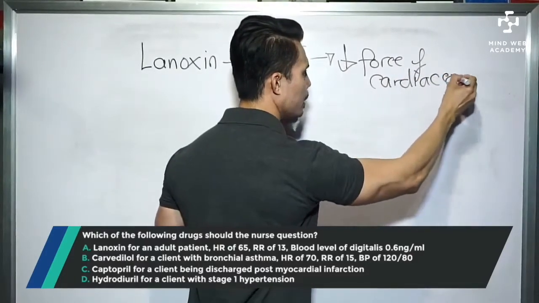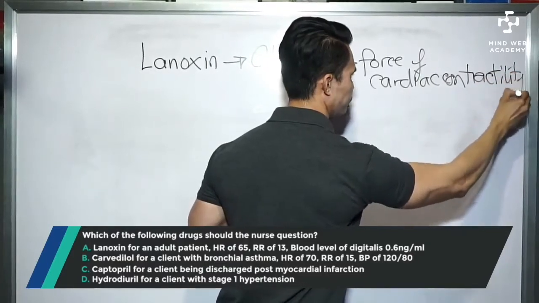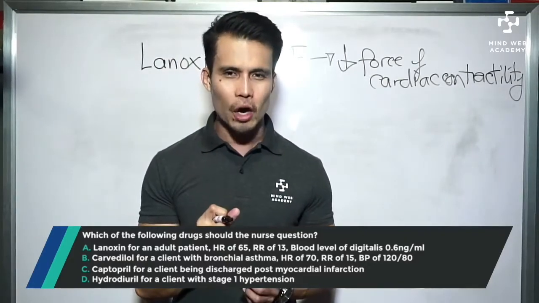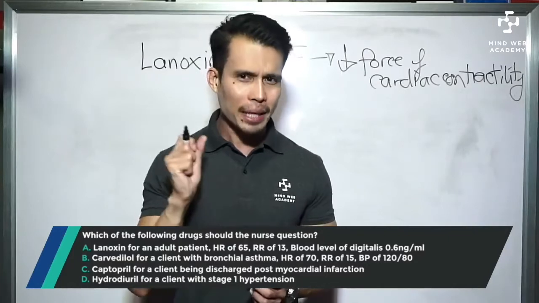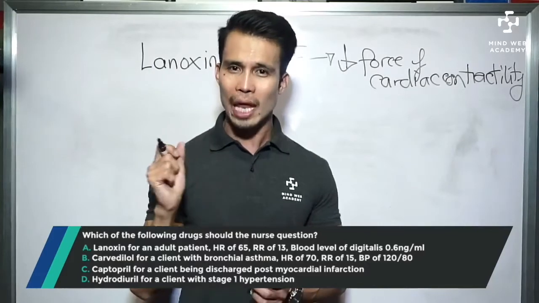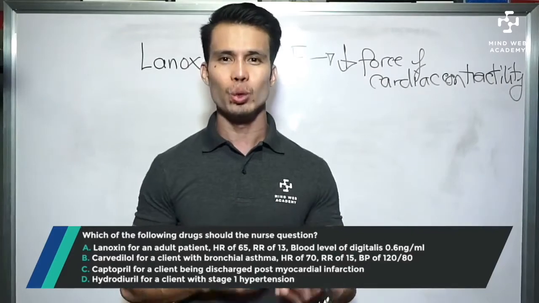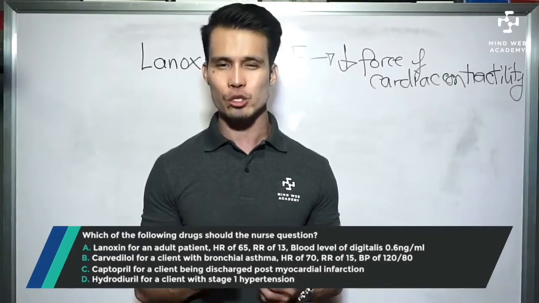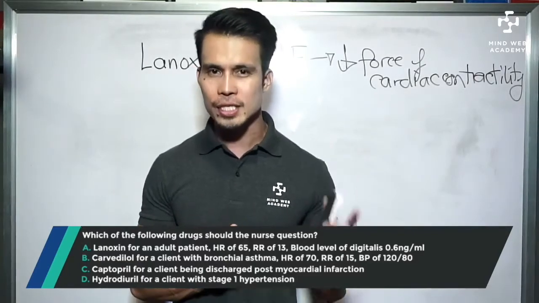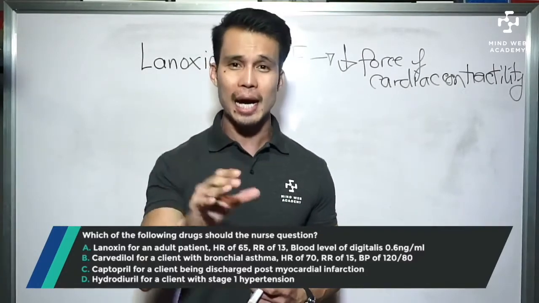In Tagalog, the myocardium contracts weakly. When it pumps weakly, the cardiac output will be decreased. What will happen to the remaining blood in the heart chamber is that it will accumulate and congest. That's why the term congestive heart failure. This is due to the decreased force of cardiac contractility. Our cardiac muscle pumps weakly.